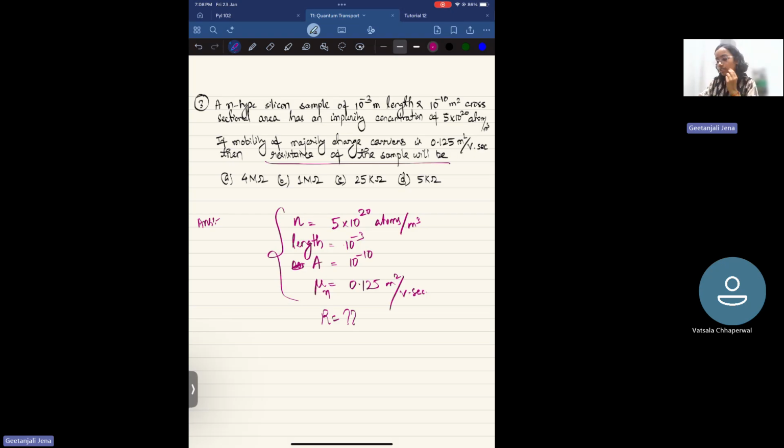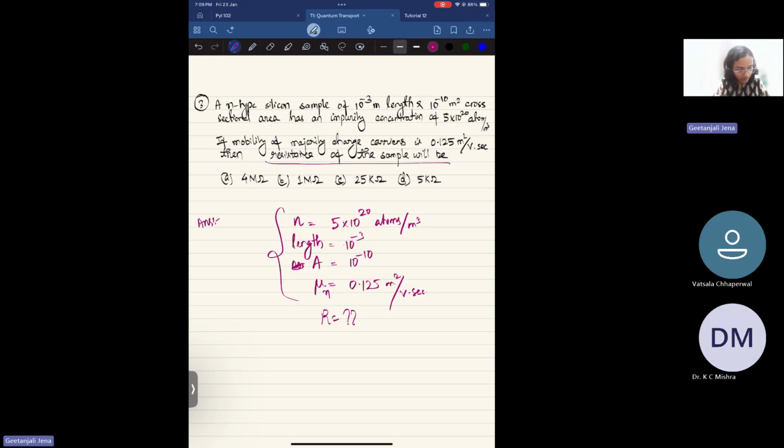Given the carrier density, the length and the cross-sectional area as well as the mobility, try to solve it and let me know the answer. Just quickly recall the relation between mobility and the resistance, as well as the length and the carrier density. If you recall the formula, you will be able to solve it.